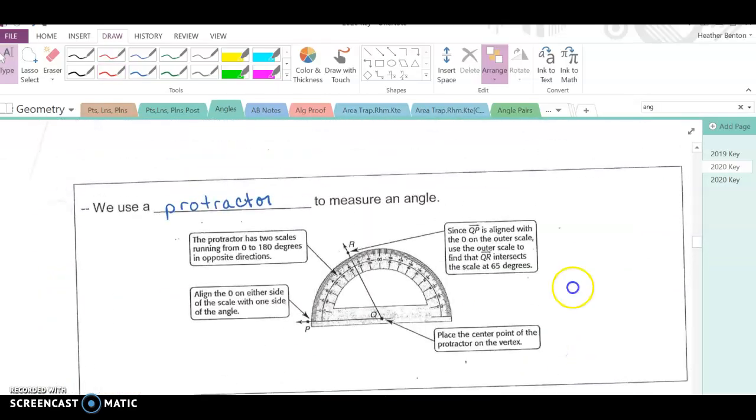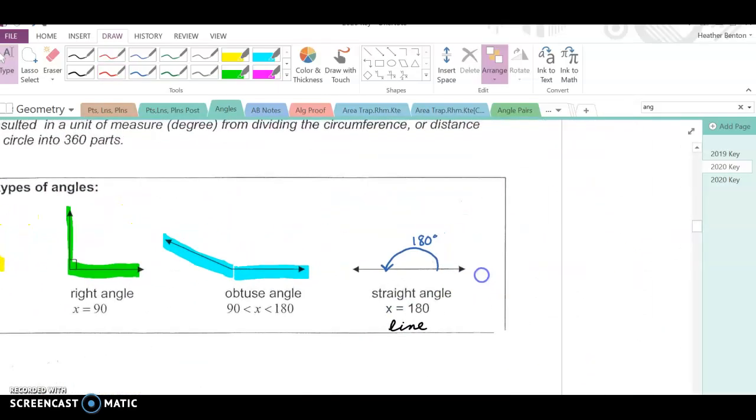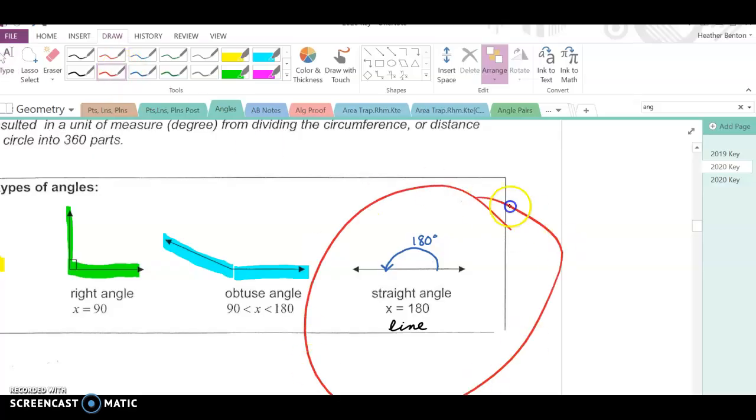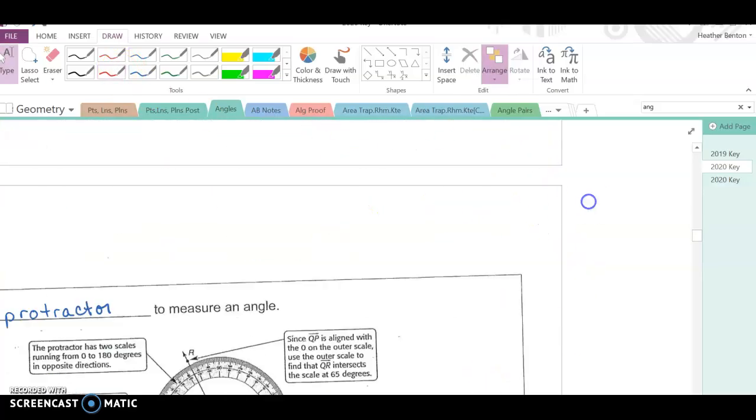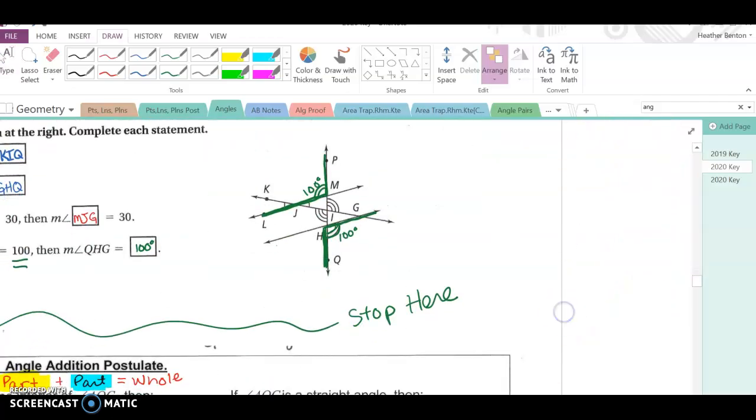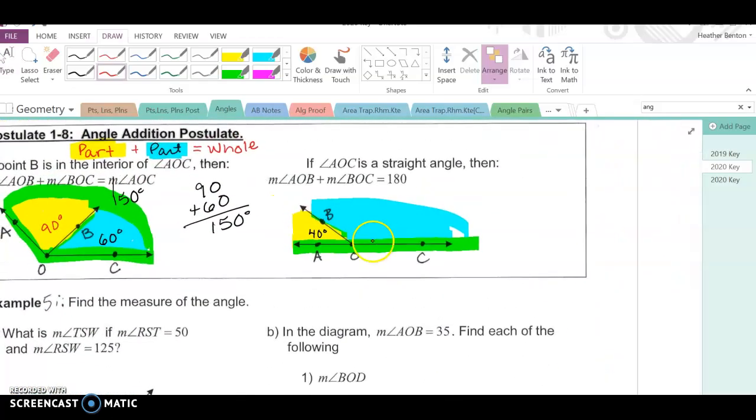If we go back to the kinds of angles we have here, this is a straight angle. Every line is a straight angle. And so what we really have is two opposite rays, one going this way and one going this way, and from this ray all the way around is 180 degrees on that straight angle.